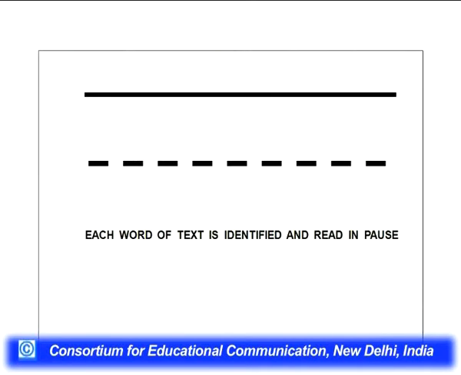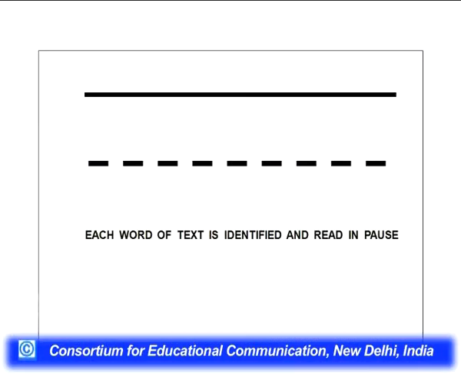Now, take the example of the lines. The top line is a straight line. So, when you are looking at the line, you get a smooth movement on the line. You are moving. But the next line has a pause, it is broken, that means the line is not going smoothly. It is going by stopping in between.